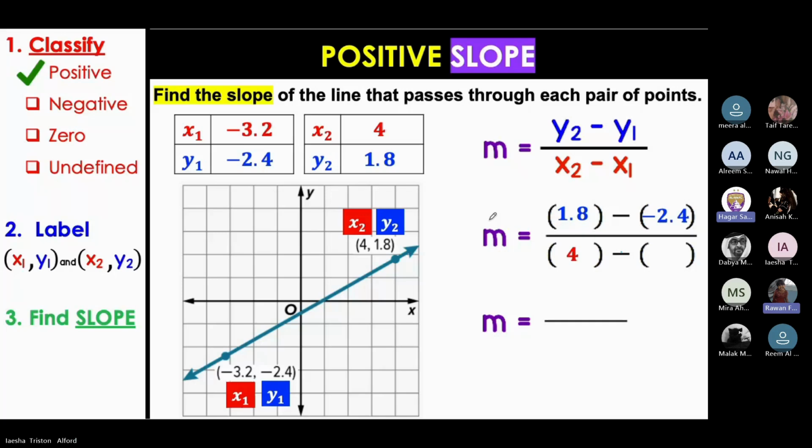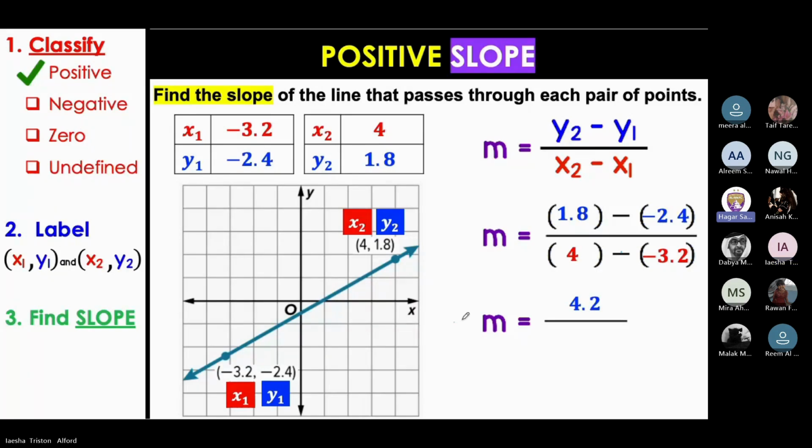Good. Subtract the numbers in the top. 1.8 subtract negative 2.4. Positive 4.2.